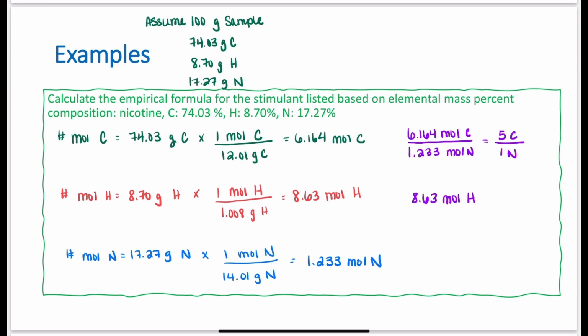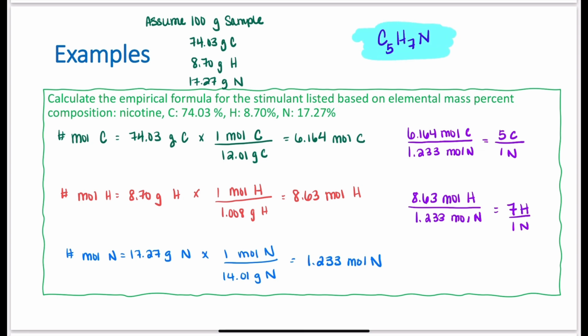And 8.63 moles of hydrogen to every 1.233 moles of nitrogen gives me a value of 7 hydrogens for every 1 nitrogen. So that means for the empirical formula, I've got 5 carbons, 7 hydrogens to every 1 nitrogen.